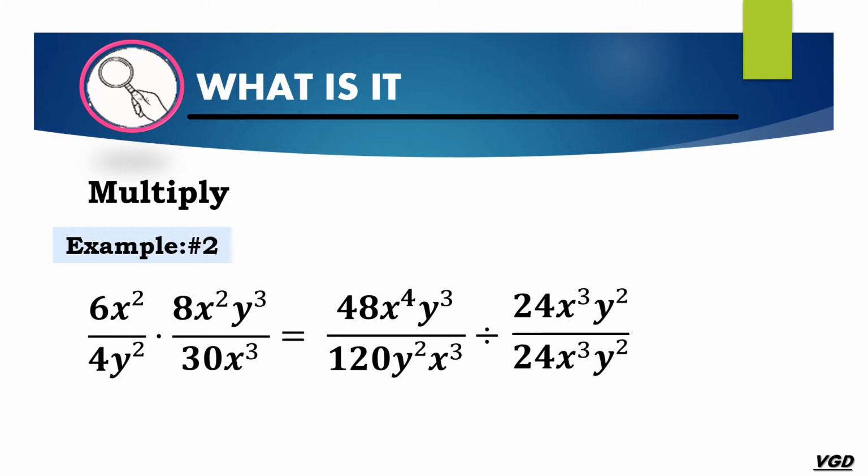So that's why we got here x cubed and y squared. And just take note that if, for example, the exponents of the literal coefficients are the same, then all you have to do is just copy the variable. Now we can divide this expression and simplify.